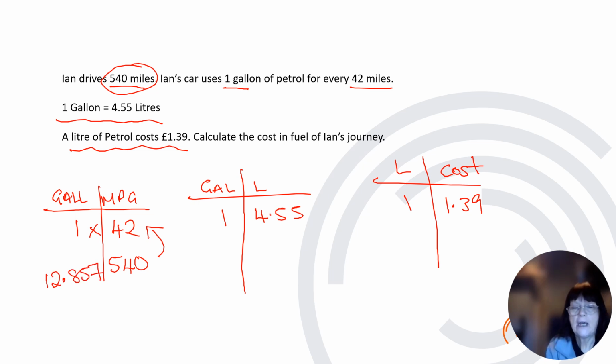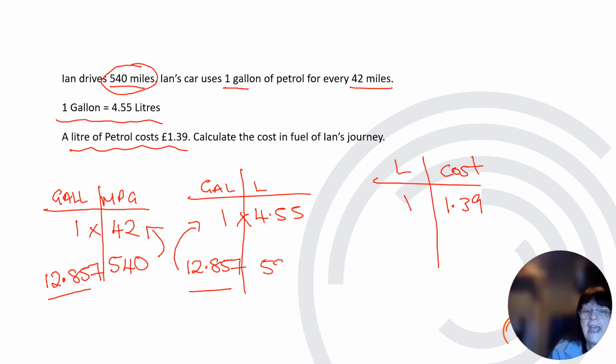12.857. Okay, 12.857 is what we would do. We will then take that and move it over to here. Okay, and then again, because this is gallons, I can then divide by the number above, multiply across, and that will give me 58.5 litres.